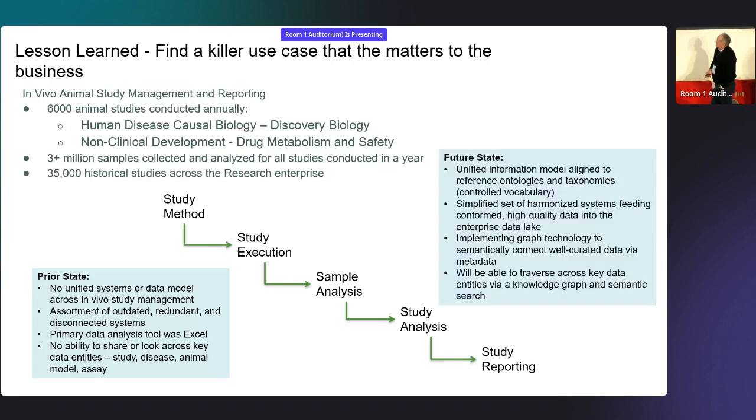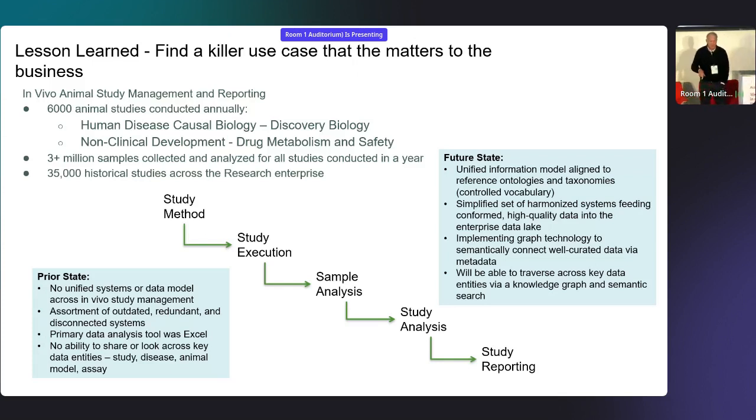So anyway, the future state that we were able to act upon, and in a minute you're going to hear me talk long and lovingly about FAIR, making data fair, but essentially we used this systems project to make data fair, across a unified information model, leveraging ontologies and taxonomies, and a simplified set of harmonized systems.